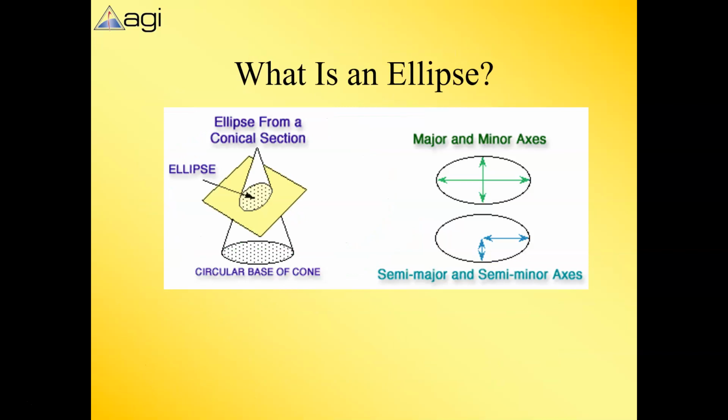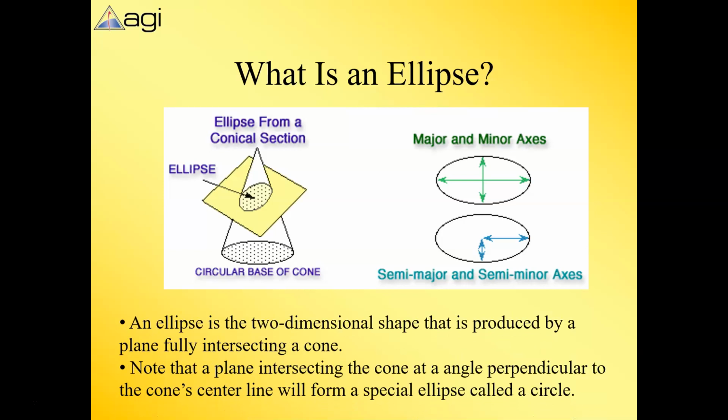So to understand orbits, we need to really understand what an ellipse is and break that down a little bit. You probably remember from math when you studied conic sections in algebra, if you look at a circular cone, that's where conic sections come from.